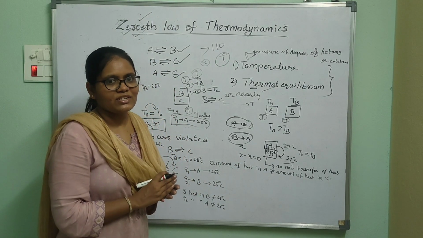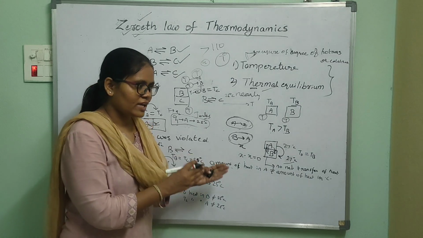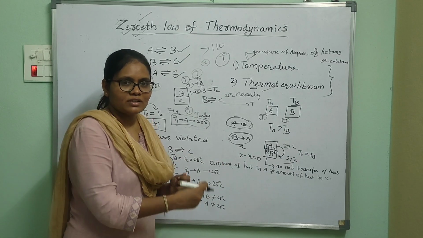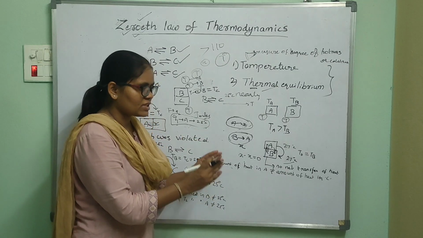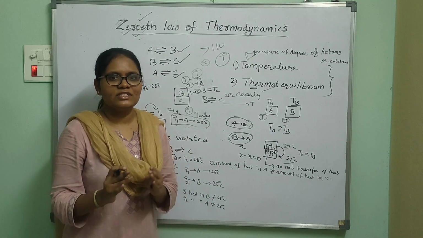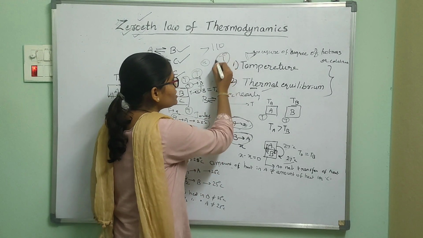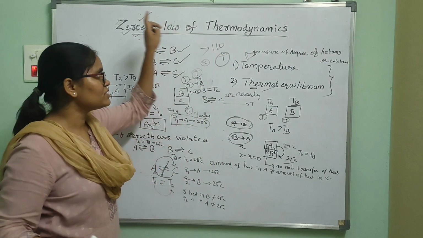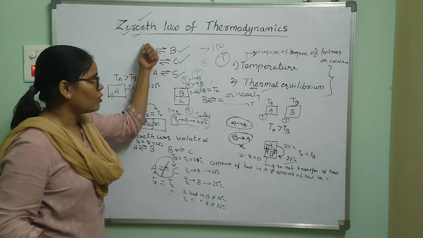So now imagine how difficult it would be to study the thermodynamics of any system using a different temperature scale every time. First, we need to establish a temperature scale for every material. Is it possible? So you can use a universal temperature scale only because the zeroth law of thermodynamics is obeyed by nature.